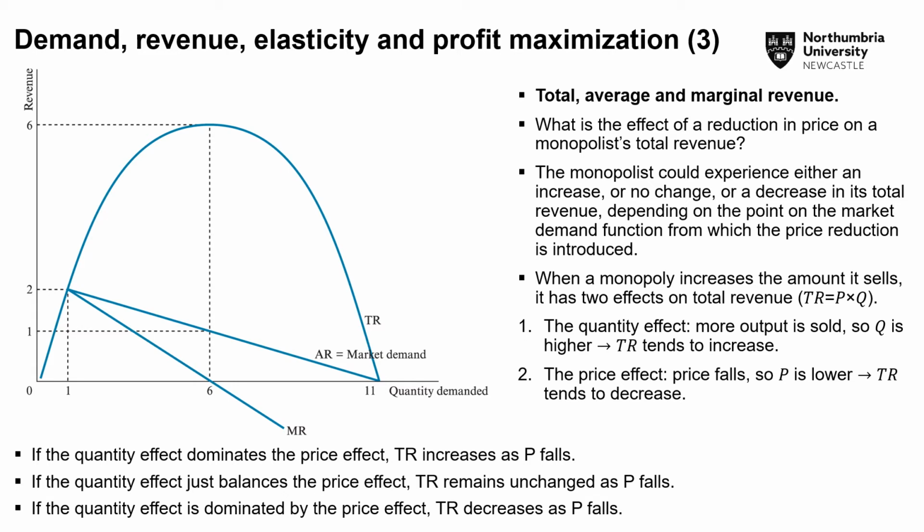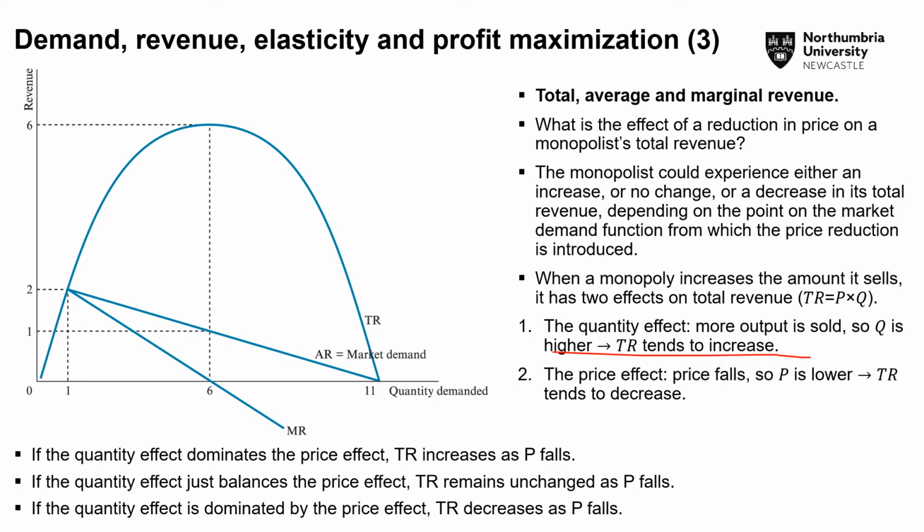Because you are selling more output, this offsets any loss associated with lower prices. So in this instance, total revenue will increase.